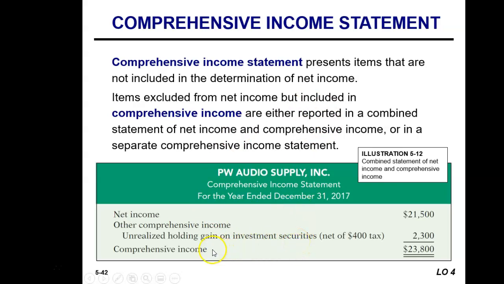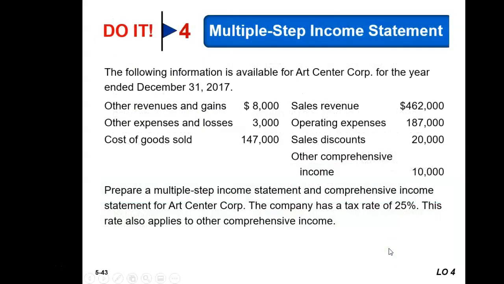Depending upon whether they have increased or decreased, we may have an unrealized holding gain, meaning the value has gone up, or an unrealized holding loss, meaning the value has decreased. You add the gain to your net income to give us what is known as comprehensive income. If it's a loss, subtract that from net income to calculate your comprehensive income.